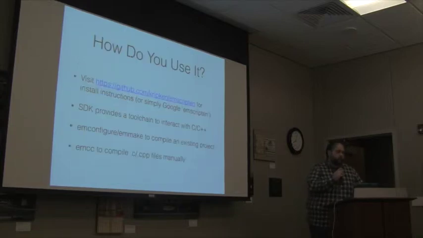So how do you use it? Well, just Google it and it'll be the top link it gives you back. You can download an SDK, and it provides a nice tool chain that you can interact with C, C++ code.